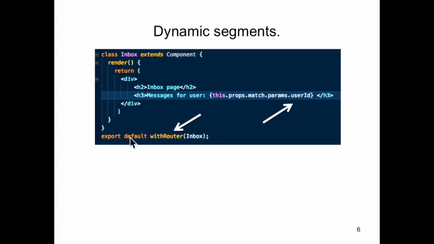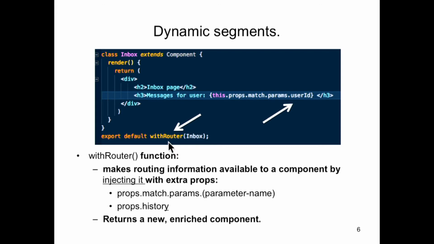I'm exporting whatever this function returns. This is a special function that's provided by the React router, and what you do is you give this function the name of your component, and what it returns is a new component, and the new component is effectively your component enriched with some extra props that it injects into your component.